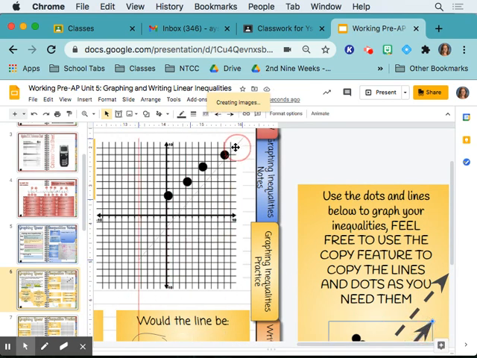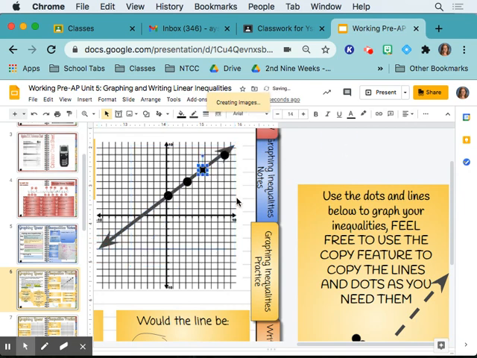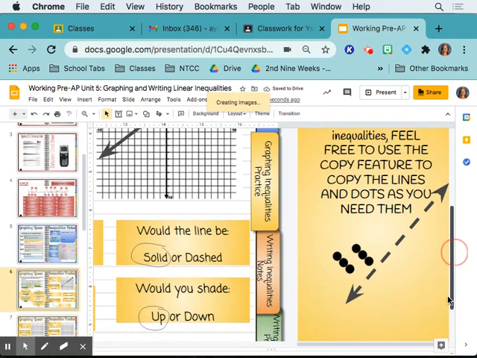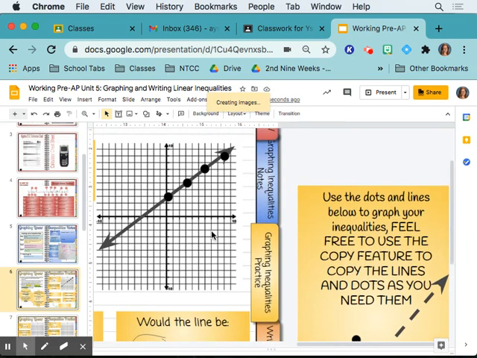And it's a solid line. Make a line, go on the points. This point just doesn't want to cooperate. Okay, so up to 3, and then up 2 over 3, up 2 over 3, up 2 over 3. Solid line. And then we're going to shade above.